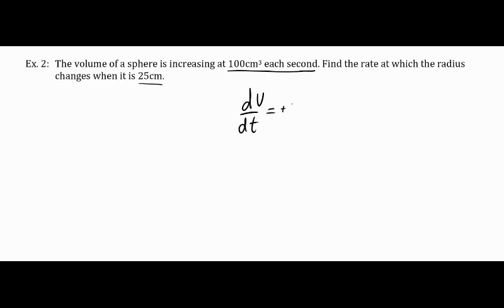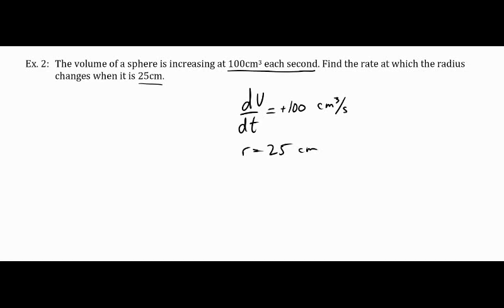And it's increasing, so it's positive. You don't have to put the positive, but sometimes it's going to be negative, so it's important to think about that. Positive 100, okay? And it also gives us a radius of 25, and you can include units here, which might be useful. This is centimeters cubed per second.